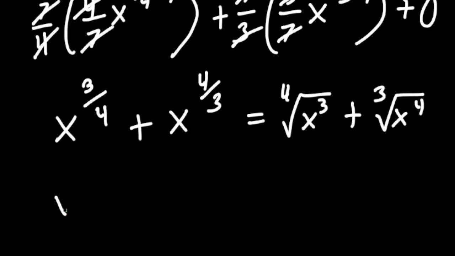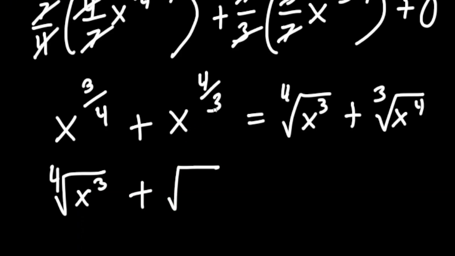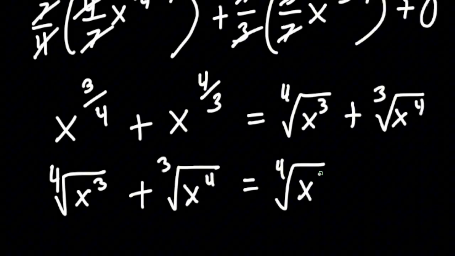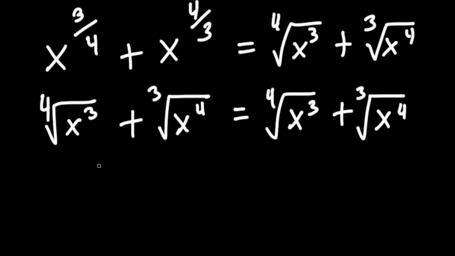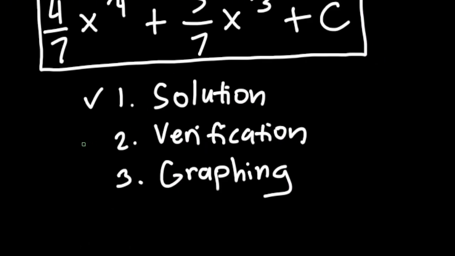So we simply write x, this is the exponent, the a, and the index, plus this one, x raised to 4. Basically, as you can see, they are equal. The statement for this equation is correct. Now we have done the verification. Let's proceed now to graphing.